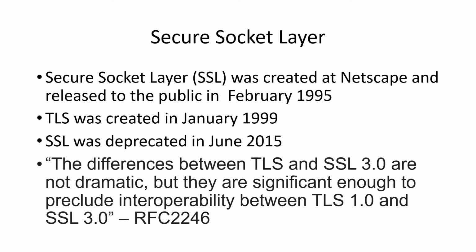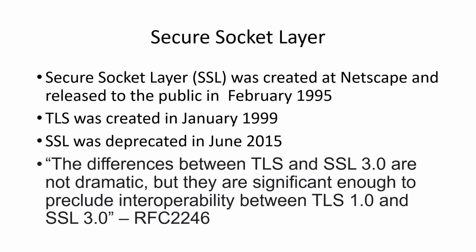Before TLS was created, we had the Secure Socket Layer, or SSL. That was created at Netscape back in February 1995. In January 1999, an Internet Engineering Task Force work group created the TLS protocol.